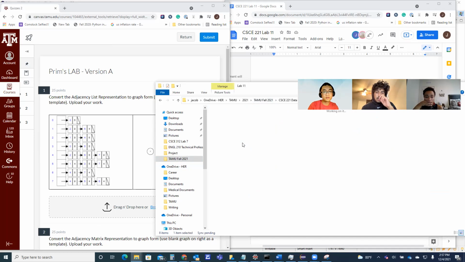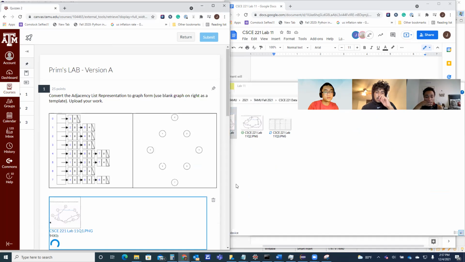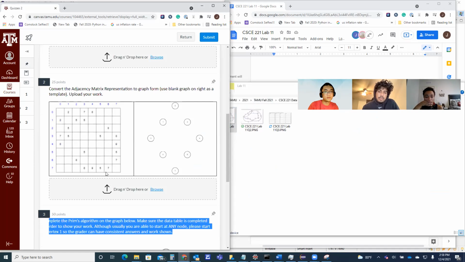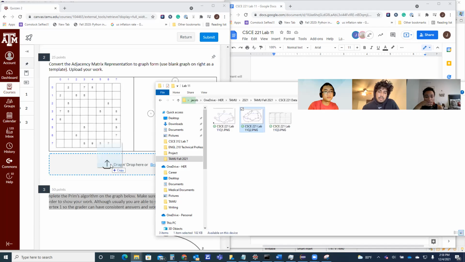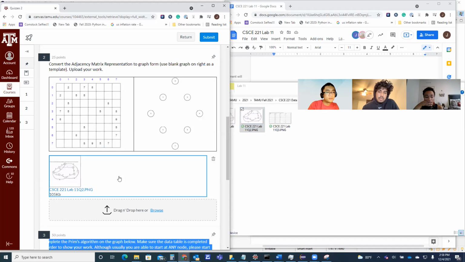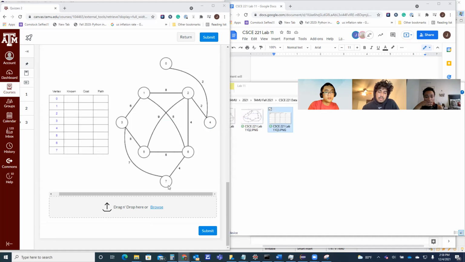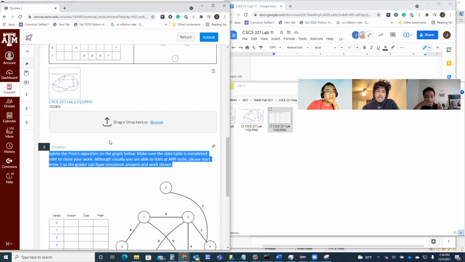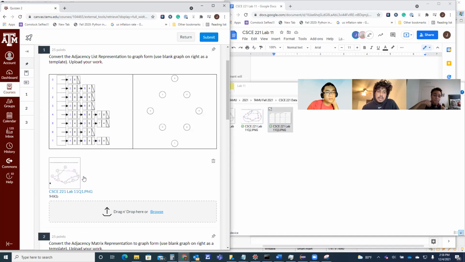Lab 11. And then this one is Q1. Yeah. This one is Q2. And then this one is Q3, which is the table. That should be it. Yeah. Okay.